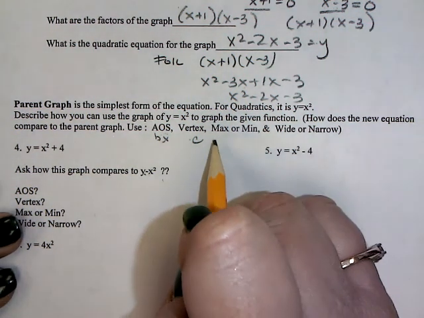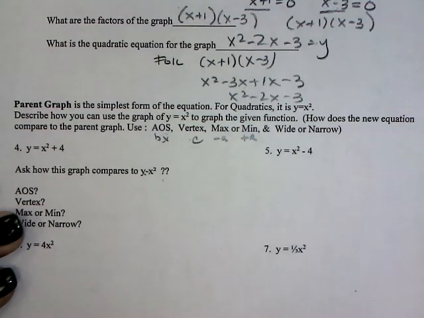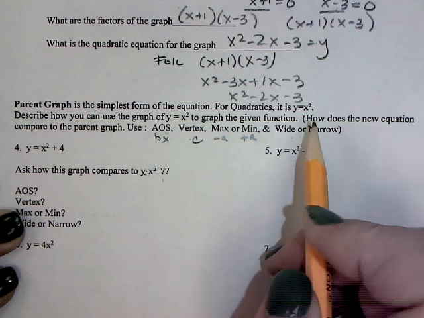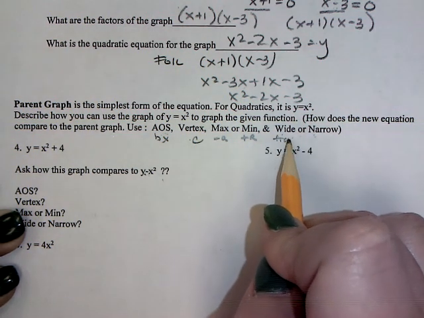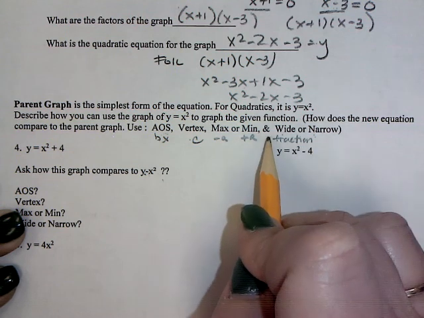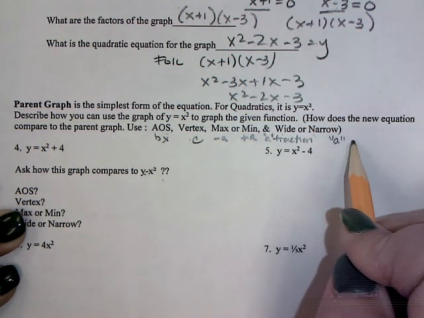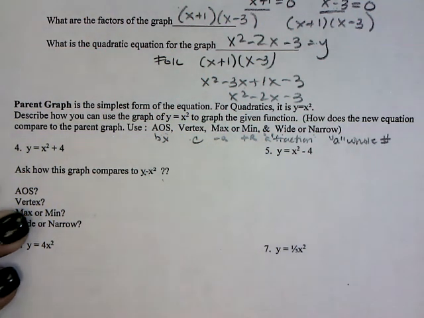Max or min: we know that max is a -a, where min is a +a in our equation. Wide or narrow has to do with the coefficient on a. For our equation to be wider, it's going to sound weird, our a is a fraction. For it to be narrow, a is a whole number. It's kind of backwards from what you would think.